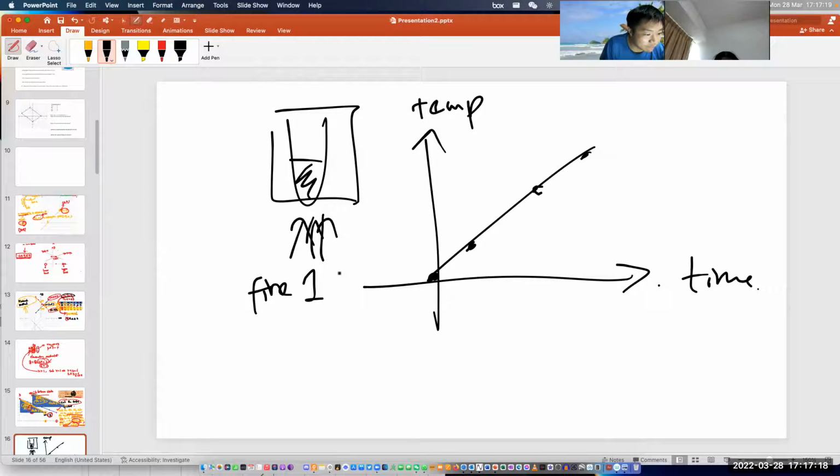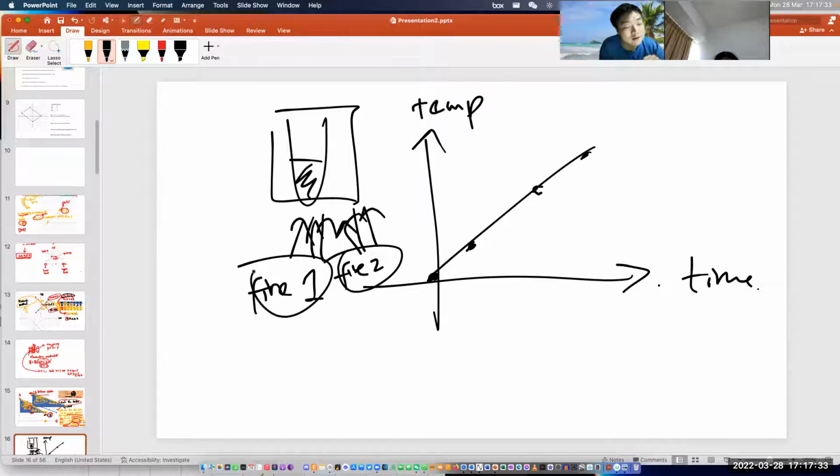Then what if you have fire 2? If you have fire 2, the time taken for it to reach the same temperature will be shorter because you have 2 fires blowing at the tube at the same time. So shorter time means, let's say this is 0 minutes, this is 5 minutes. In fact, you don't need 5 minutes to reach there.